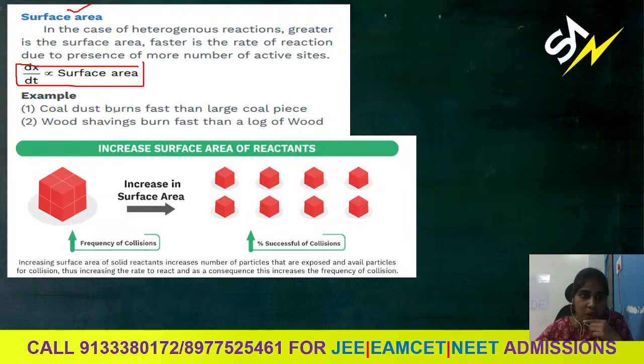For example, coal dust burns faster than a large coal piece. If we spread coal dust on a paper, it will be the size of the paper. It means it will have large surface area compared to the coal piece, so this will have more rate of reaction than the coal piece.